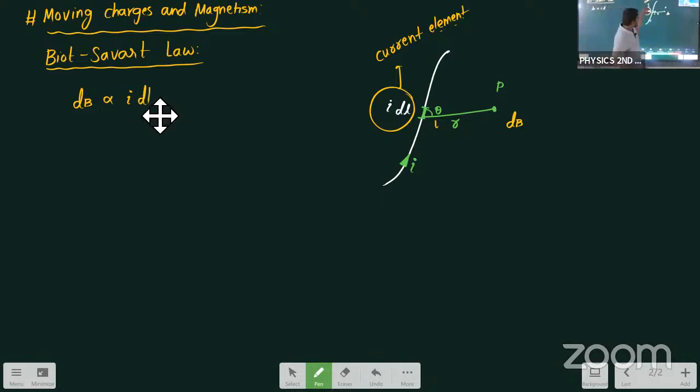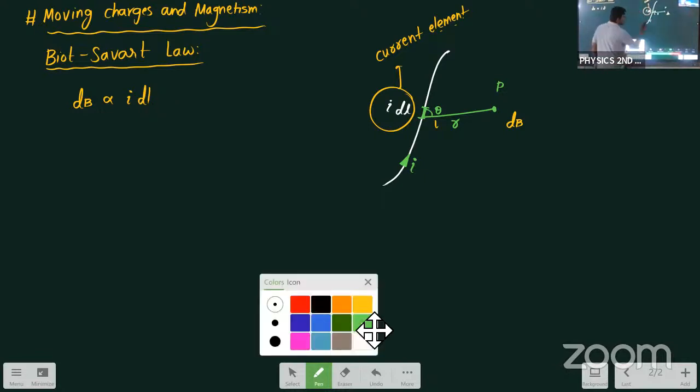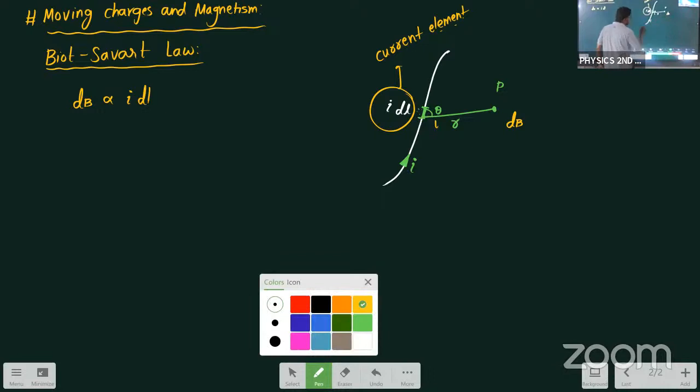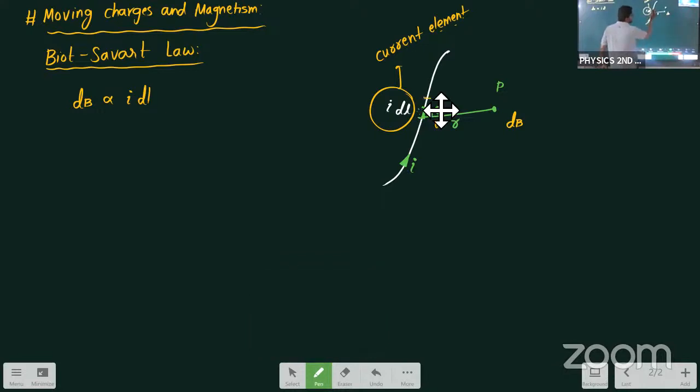Assume that I have taken only this small length element, from here to here. Only a few electrons will be flowing through this region, and due to those few electrons, a magnetic field will be created. Assume that I increase the length element to this position.